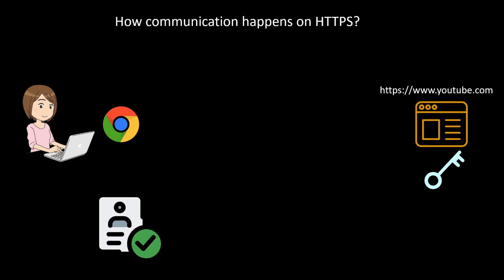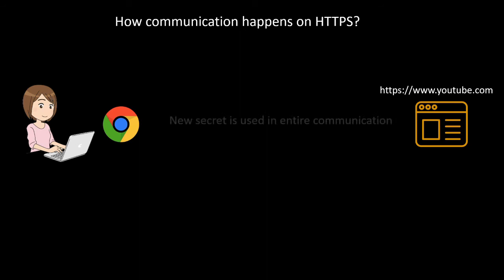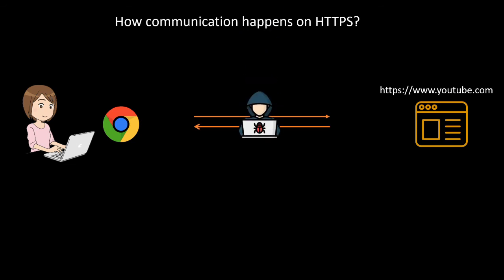Now, this new secret key is used in the entire communication. In between this communication channel, if a hacker tries to decrypt the message, it will be blocked as there is no private key. Hence, the communication is safe and secure.